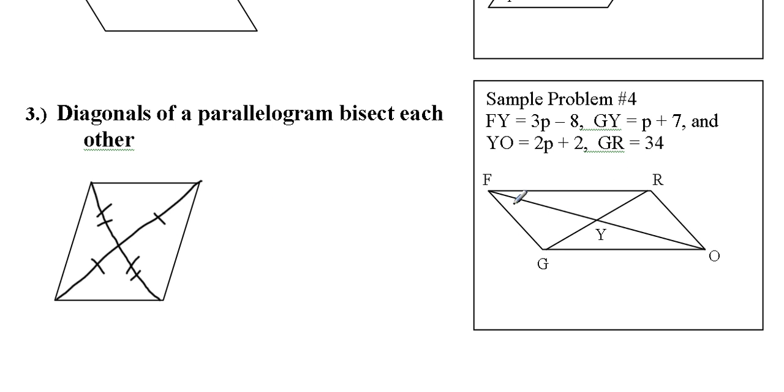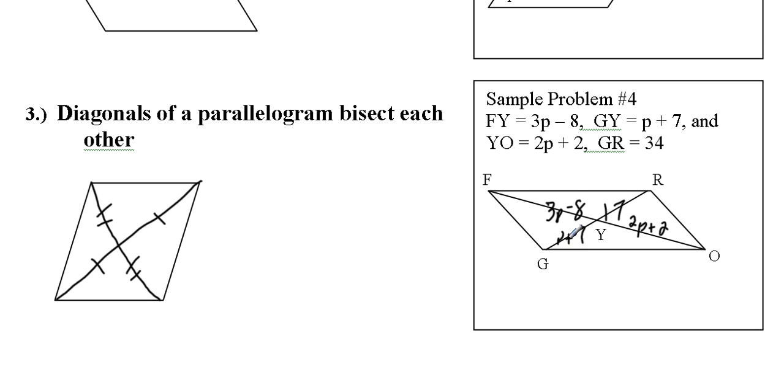So looking over here at sample problem 4, we have FY is 3p minus 8, GY is p plus 7, and YO is 2p plus 2, and GR is 34. This whole length is 34, which means since it's split in half, it's 17 and 17.